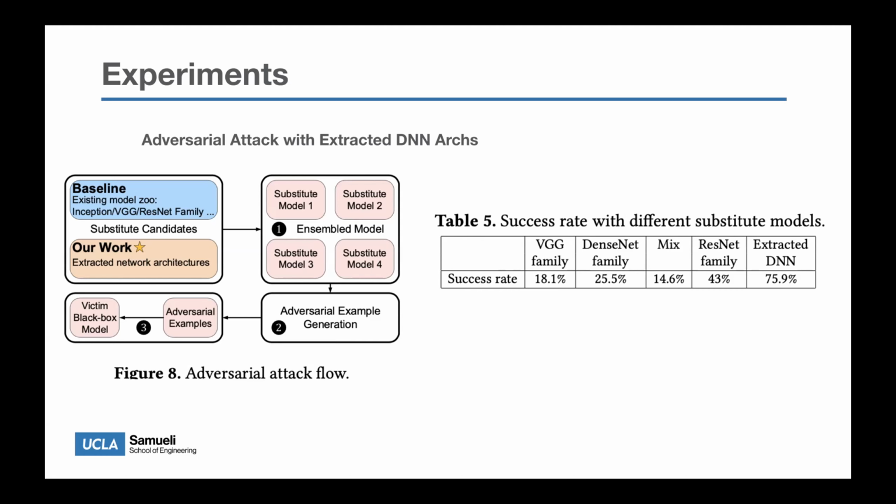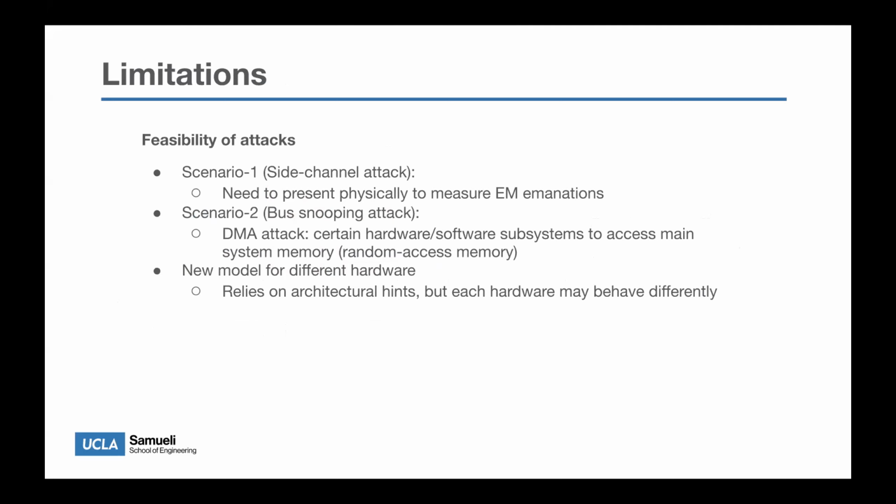This is called the baseline attack, and their work also considered the extracted network architecture. As you can see, when they use the extracted DNN architecture to generate the adversarial sample, their results have a much higher attack success rate. In other words, the adversarial sample can be transferred more easily to the victim model.